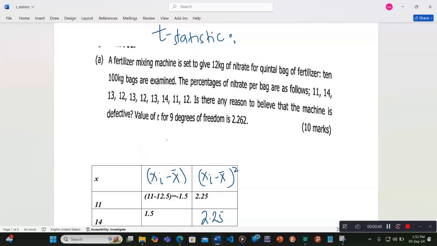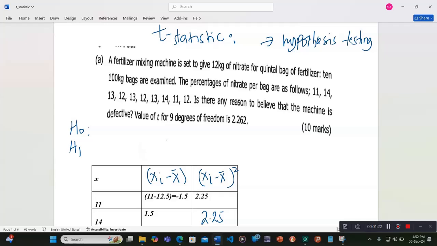The value of t for 9 degrees of freedom is 2.262. So this involves hypothesis testing. If it involves hypothesis testing, we need to understand what the null hypothesis is and what the alternative hypothesis is. If it is said to give 12 kilograms, then 12 kilograms is going to be our population mean.